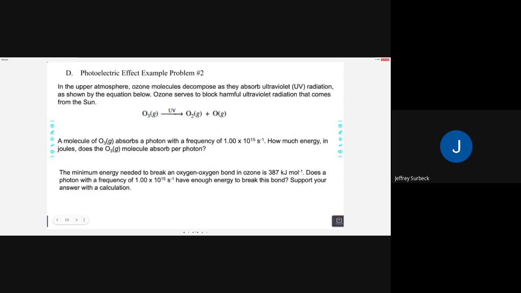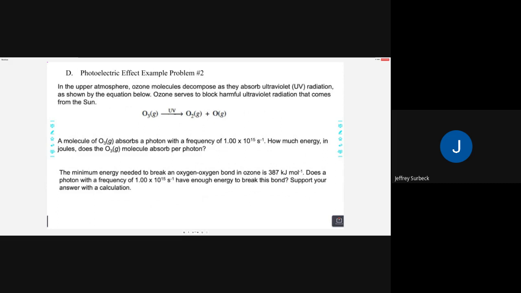Now we get to this. Another example problem here, it says we have ozone being depleted, shown in this particular equation. And as the UV ultraviolet radiation strikes the ozone, it actually absorbs or blocks the harmful stuff from the UV light from the sun.